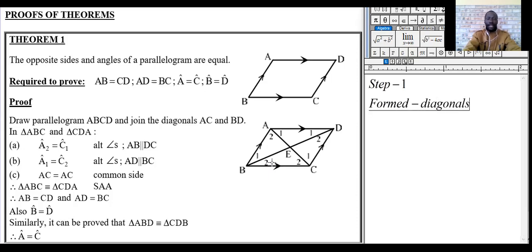In the second step, there seems not to be much, just labeling the angles. That is the next thing. We now label the angles.